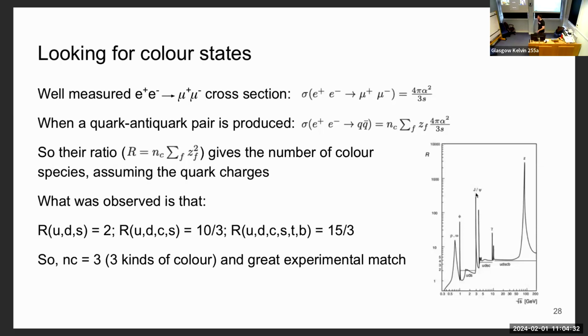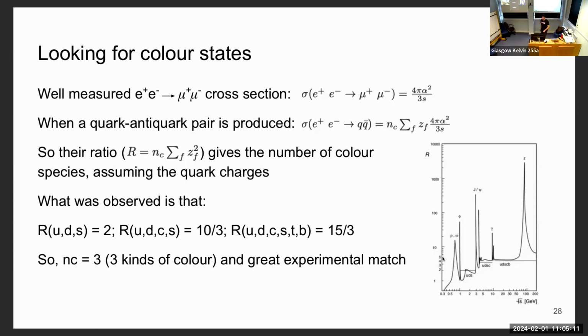So people were thinking we broke QCD, so we cannot actually prove there are 3 kinds of color states. But then when they had new experiments with increased center-of-mass energy, they found the resonances, but also this flat behavior again. So that's 10/3, and then if you include the top and bottom quark in the picture, it's actually 5. You can see the values here.